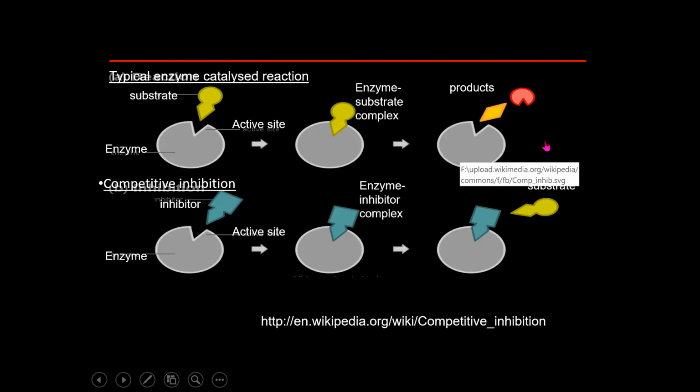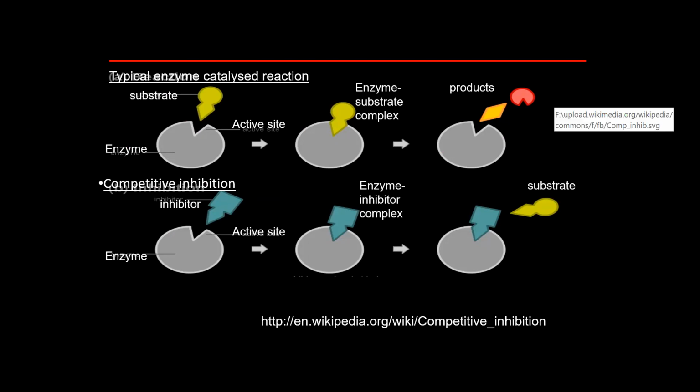This is how enzymes work. For example, in the lipoxygenase enzyme, arachidonic acid is the substrate, giving 5-HETE, which leads to asthma. Or in cyclooxygenase prostaglandin synthase, arachidonic acid binds and gives prostaglandin H2 as the product.